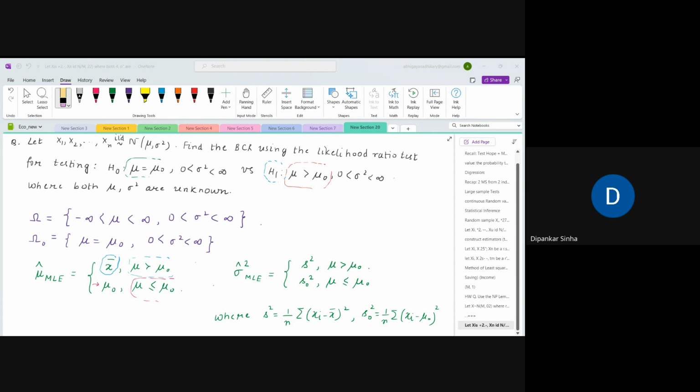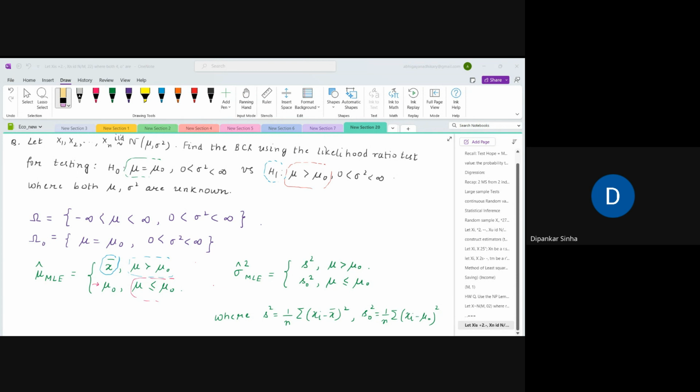In the omega definition, sir, between the range of omega, there must be mu greater than mu naught, but you have just written minus infinity less than mu less than infinity. Why is it so? Because that is the overall range, right? Omega is the overall range. Why will mu greater than mu naught come over there? For a normal variate, that is the case. So that is why.